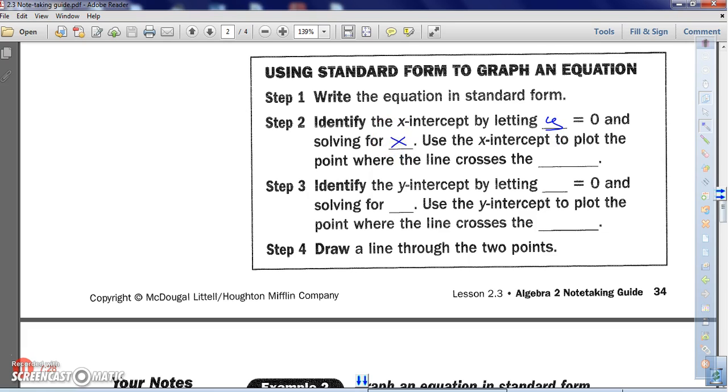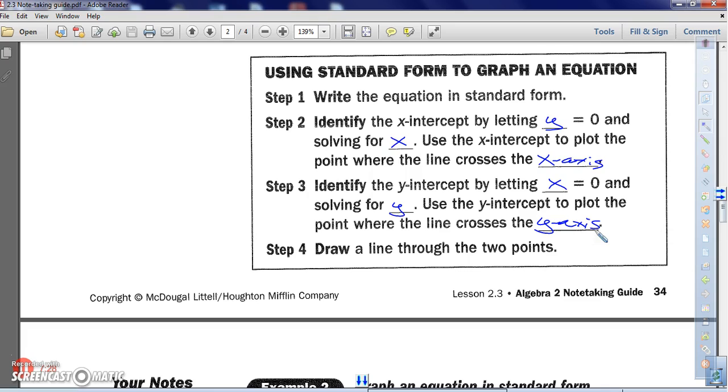Then we can use the x-intercept to plot a point where the line crosses the x-axis. Next, we can identify the y-intercept by letting x equal 0 and solving for y. We can use the y-intercept to plot the point where the line crosses the y-axis. And if I know the x-intercept and the y-intercept, we can draw a line through those 2 points.